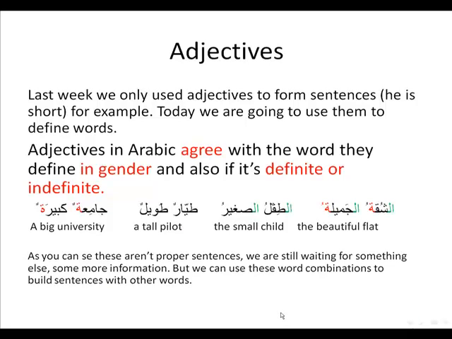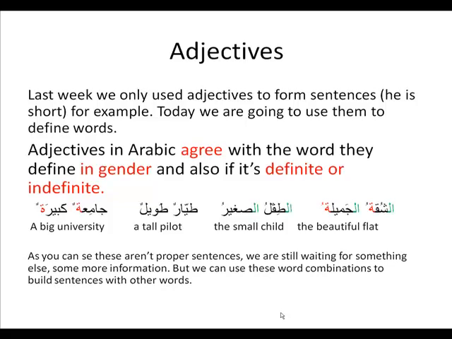Now, we're going to go back and talk about adjectives. As we just said, last week we used adjectives to form sentences. We used adjectives in the position of a predicate to give us more information about the main subject of the sentence.